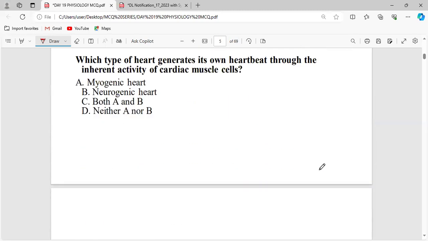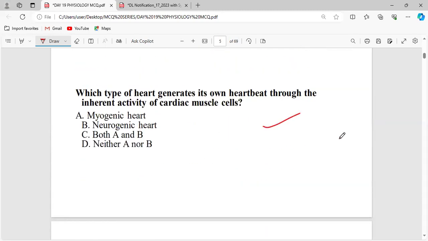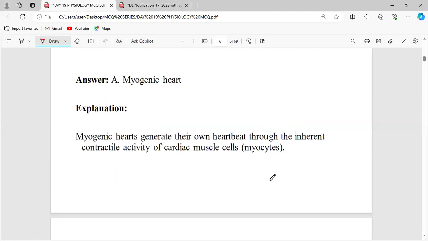Now, coming to the questions. Which type of heart generates its own heartbeat through the inherent activity of cardiac muscle cells? That will be the inherent activity of the cardiac muscle cells, so obviously the myogenic heart.